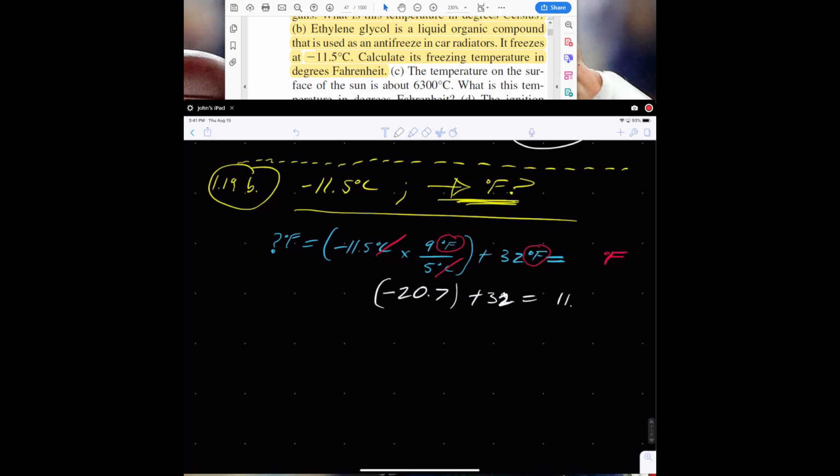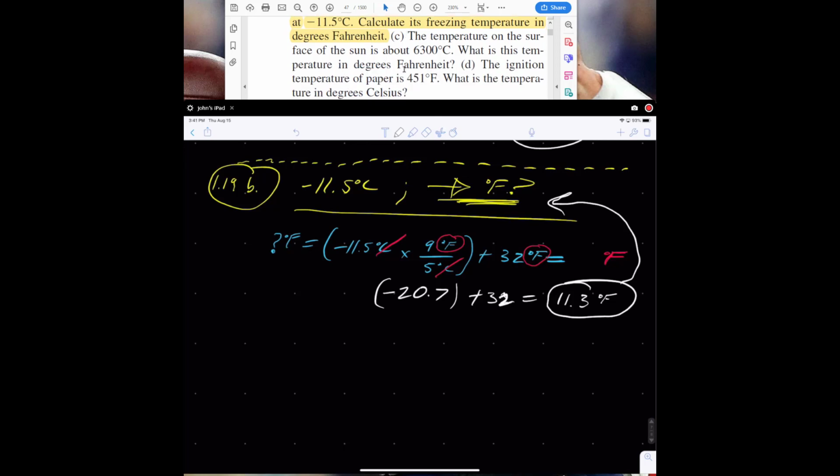So that's going to give us a temperature of 11.3 degrees Fahrenheit. And simply put, this is our answer here to this part. So negative 11.5 degrees Celsius translates to 11.3 degrees Fahrenheit.